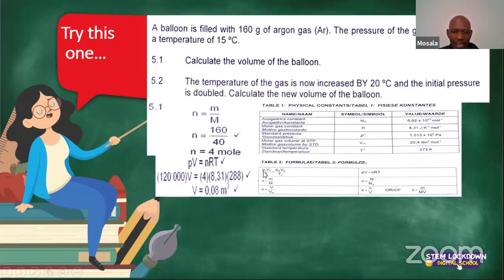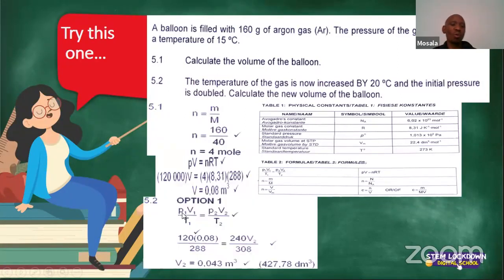This equation here, P1 V1 over T1 equals P2 V2 over T2. That's the equation that we'll be using for this one. Now, we are looking for the new volume. Pressure one, we know, is this 120 kilopascals. And then you also have your initial volume.